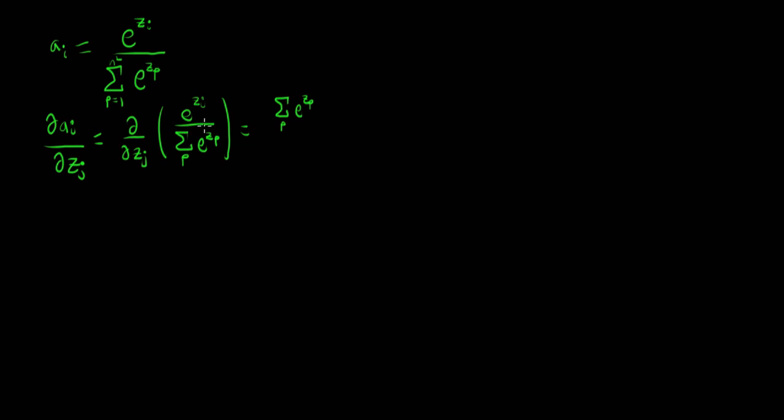Now the derivative of e to the zi is just e to the zi times the derivative of zi with respect to zj, right? It's just the chain rule again. Now we subtract off the top function times the derivative of the bottom function.